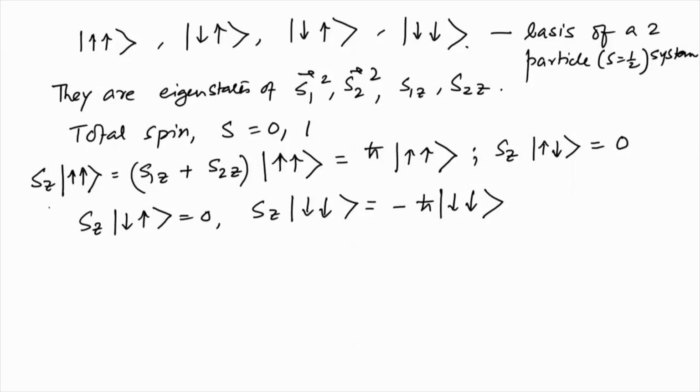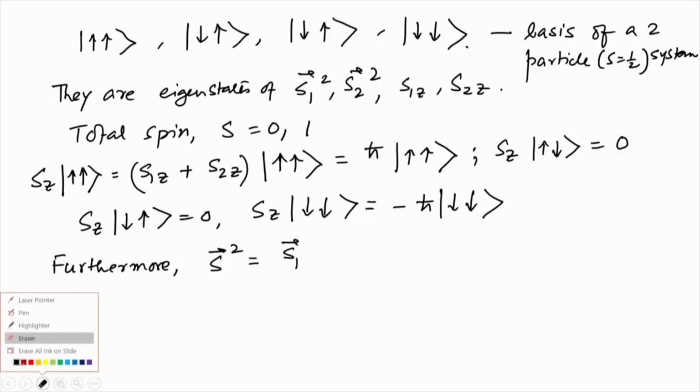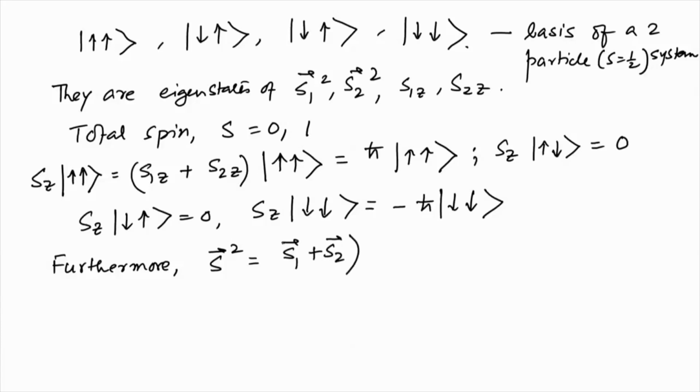And furthermore we have S square, which is equal to S1 plus S2 whole square, which is equal to S1 square plus S2 square plus twice S1 dot S2.